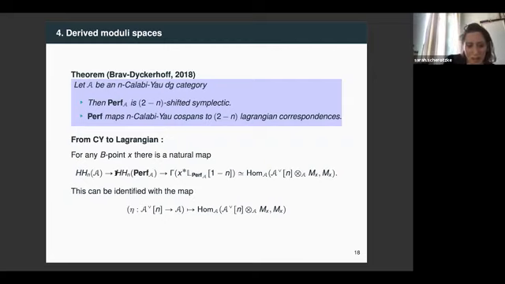I haven't explained at all what these maps actually are, but what I can explain easily is what this composition is. We have seen that a class in Hochschild homology of A is a map of A-bimodules between the dualizing complex shifted by n and A. So all I need to do is tensor, and I get an element in Hom of the dualizing complex shifted by n, tensor with M of x, comma M of x, by just tensoring this map eta with M of x.